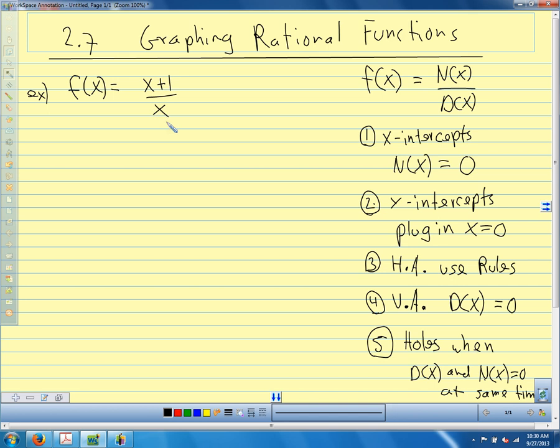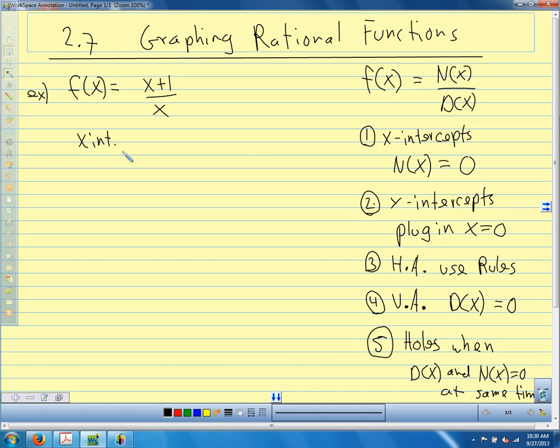f of x equals x plus 1 over x. So let's start with our intercepts.